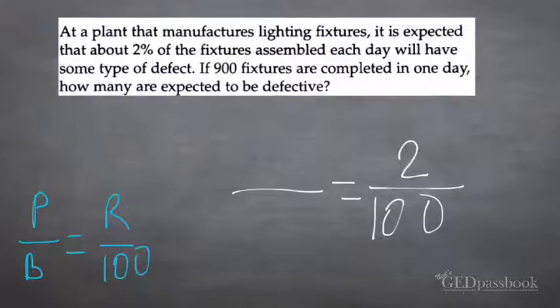It's the total, right? It's the amount of fixtures that were completed in one day. That's the total amount. And they want to know the part. They want to know how many fixtures from that total will be defective. So guess what? That's what you've got to find. You are looking for your part in this specific example.